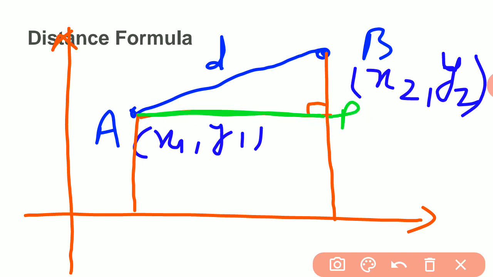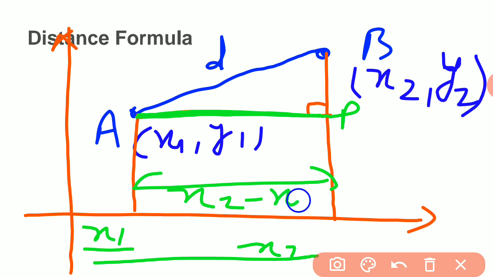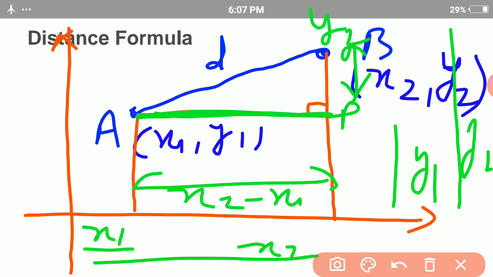Suppose this point is P. The value of AP is, this is x1 from here to here and this is x2 from here to here, so this distance becomes x2 minus x1. Similarly this distance is y1 and from here this is y2, so this distance becomes y2 minus y1.